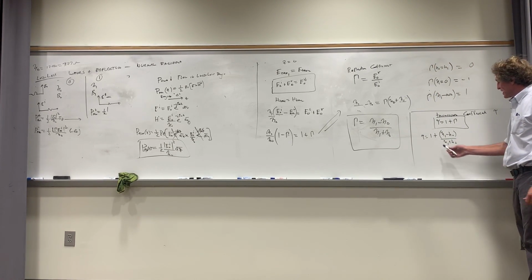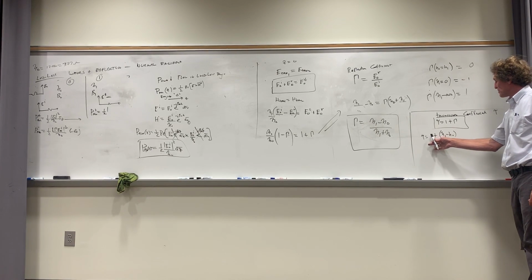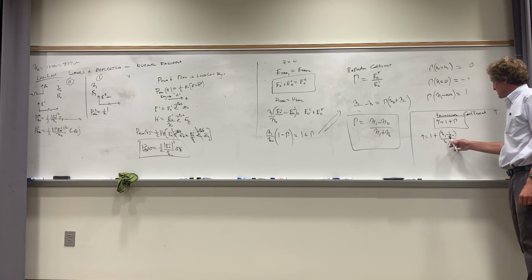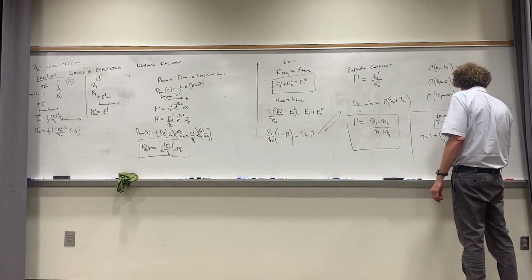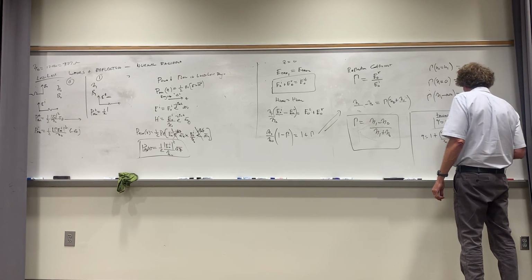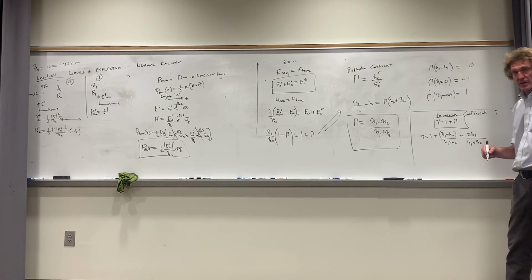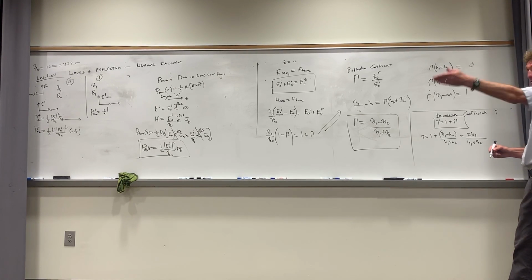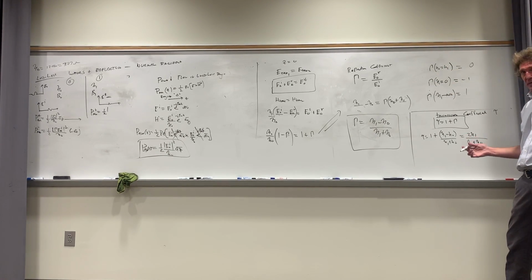Now, if I go ahead and take 1 and put eta 1 plus eta naught over eta 1 plus eta naught, and I do this, I'll end up with, it's really twice eta 1 over eta 1 plus eta naught. That's the transmission coefficient. It's just twice times the impedance you're going into over the impedance you came from plus the impedance you're going into.